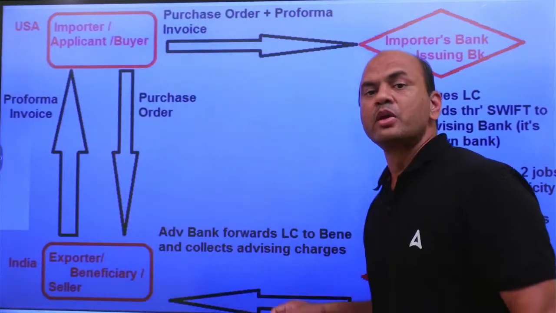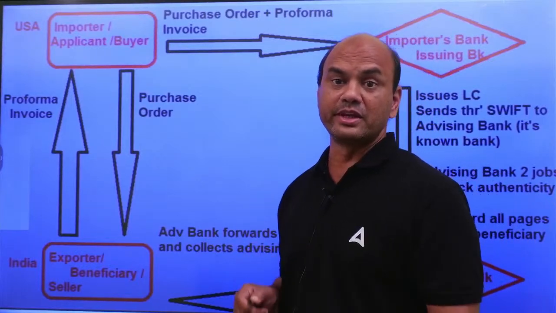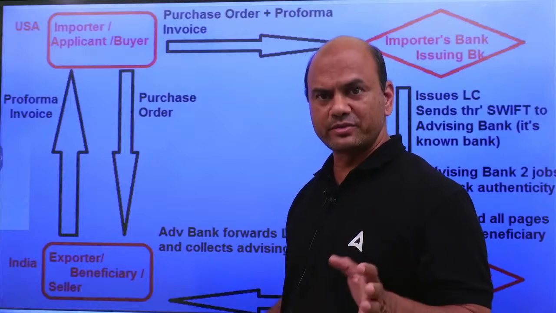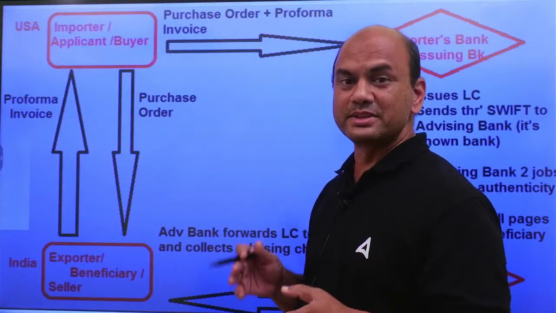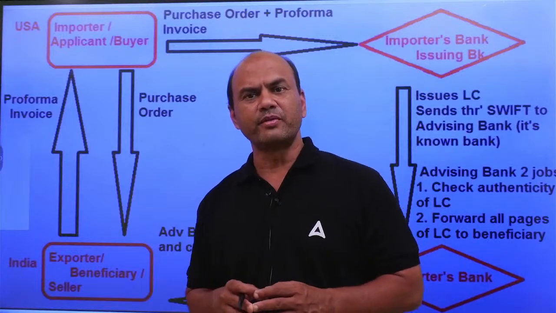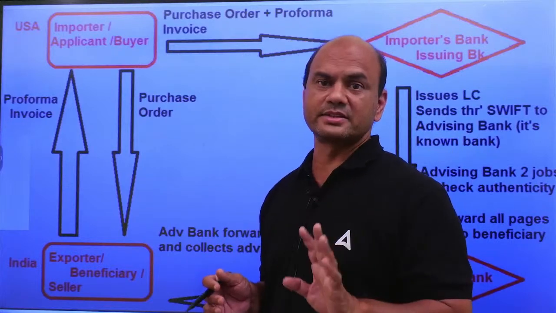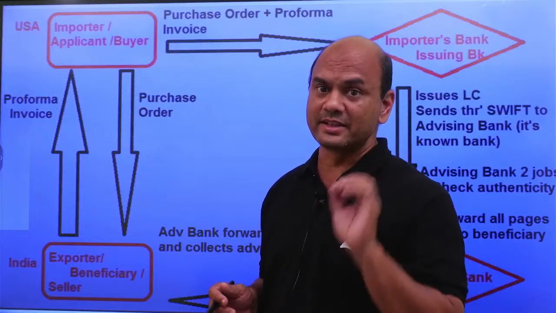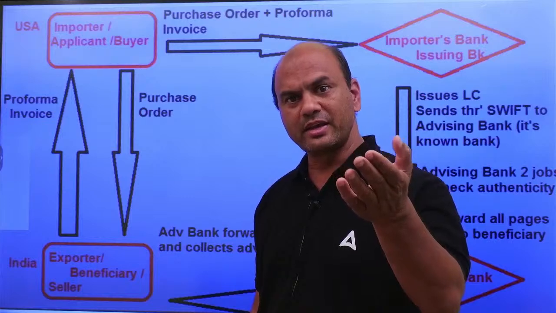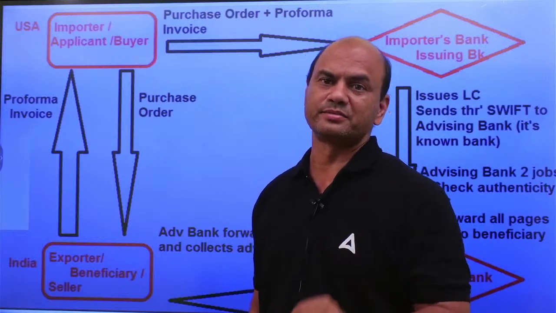See here. Today I'll be covering the LC flow, letter of credit flow. Kindly note, LC flow means whenever you do these business transactions, there are three flows. Whenever you do under the LC transaction, there are three flows. One is LC. LC starts from the issuing bank and goes to the seller.